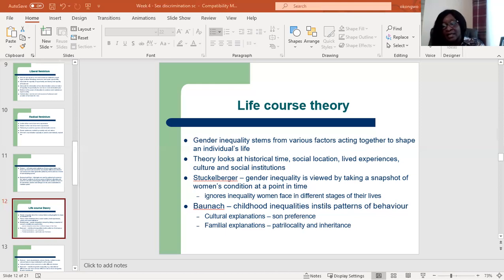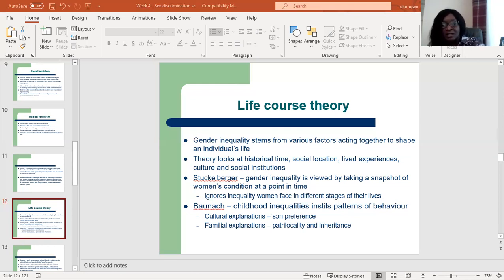Bannock highlighted cultural and familial factors as things that explain inequality. Under cultural explanations, she talked about certain societies that have son preference, and because of that, they emphasize the ideology of male superiority.